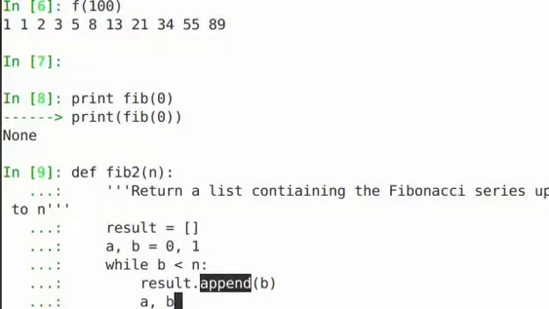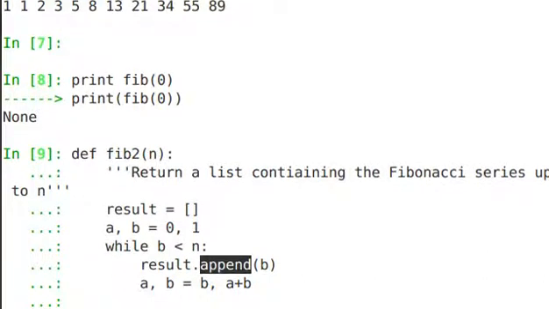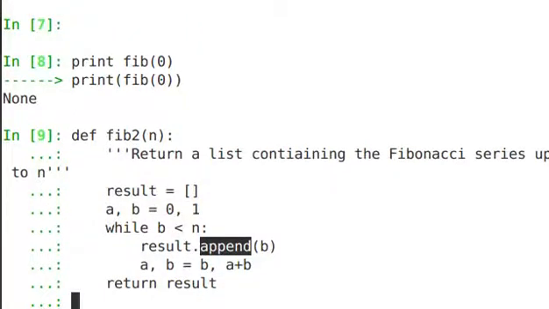And then a, b equals b, comma, a plus b. That's the magic of the Fibonacci sequence. And then at the end of this, we're going to go back a few, return result. After that while loop concludes, we're going to have this list called result, and we're going to return that.